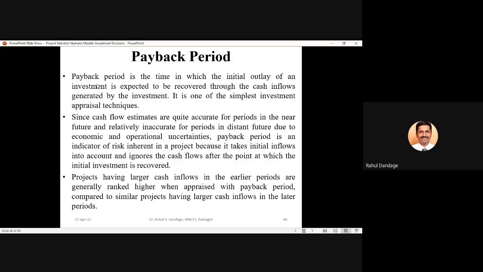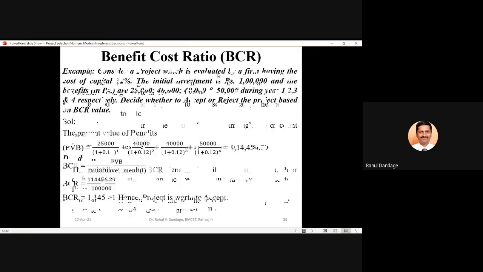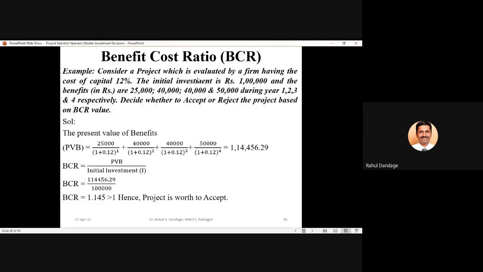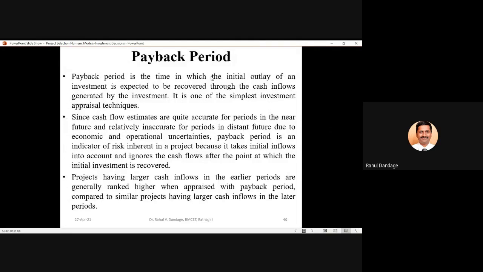Payback period, this is one of the methods. These three methods, net present value, internal rate of return and benefit cost ratio, all took into account the time value of money; cost of capital was considered, and the present value of future benefits and future cash flows was taken into account.